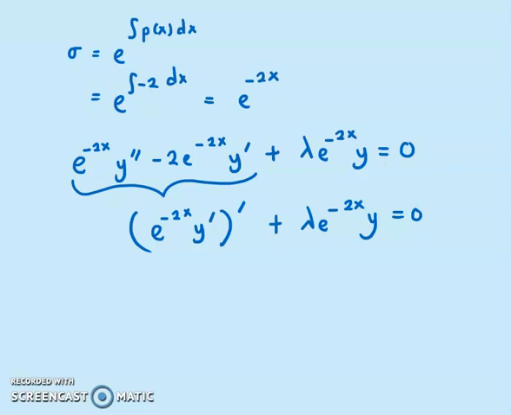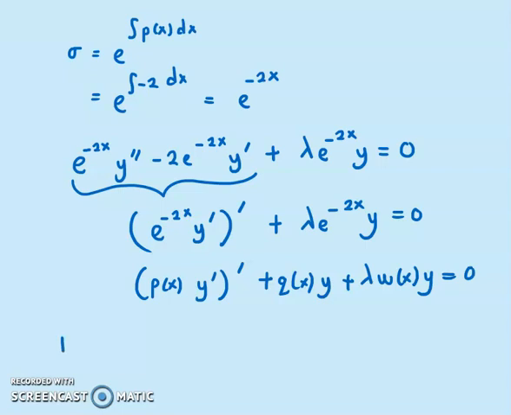Now if you compare this with the standard form that I wrote earlier on, where the standard form is given by (p(x) y')' + q(x) y + lambda omega(x) y = 0, we can see that my p(x) is e^(-2x), my q(x) is equal to 0, and my omega(x) equals e^(-2x).